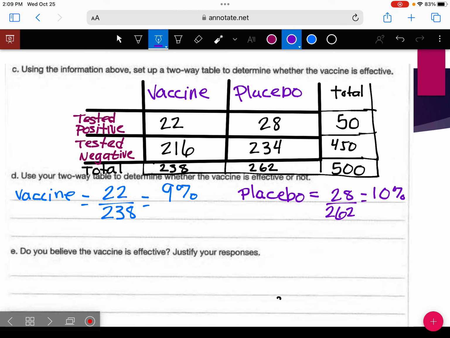And then again, it's a matter of how much it costs. If this vaccine costs $100 to lower your percent by 1%, probably not. If it costs 2 cents, maybe we'll take a 1% reduction of risk. But again, that's a matter of opinion. So with a 1% difference, it's really debatable.